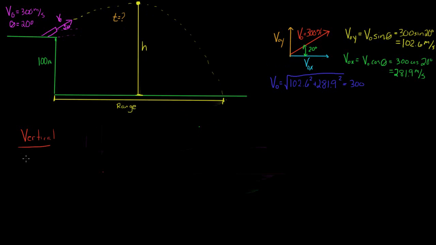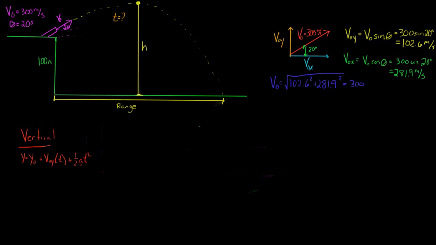So if we do this, we have our final position is equal to an initial position plus the initial velocity in the y direction times time plus 1/2 times the acceleration times time squared.